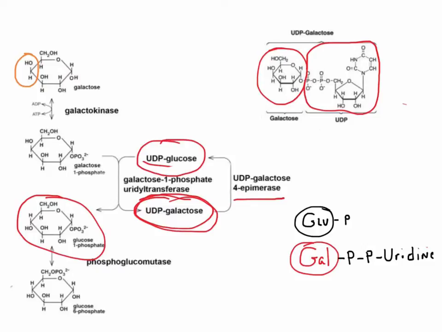And we get back UDP glucose, which can be used again by the transferase. So the net result is the conversion of one molecule of galactose 1-phosphate to one molecule of glucose 1-phosphate. Glucose 1-phosphate can be converted to the glycolysis intermediate glucose 6-phosphate by phosphoglucomutase.